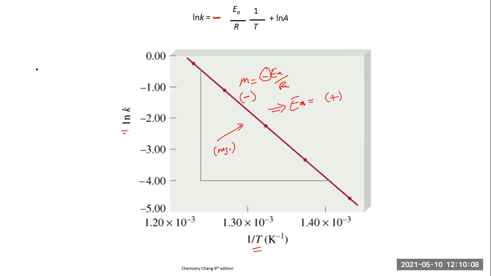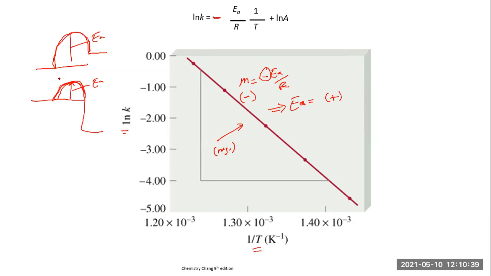If you think about the graphs we just looked at, this is our activation energy. The other graph looks something like this. There we go. This is our activation energy here. And they're both positive, right? It's a hill, which means it does need to be a positive number, basically. So that's something to keep in mind.